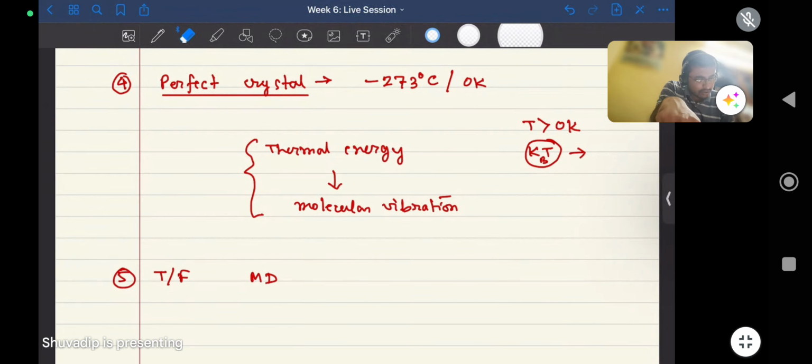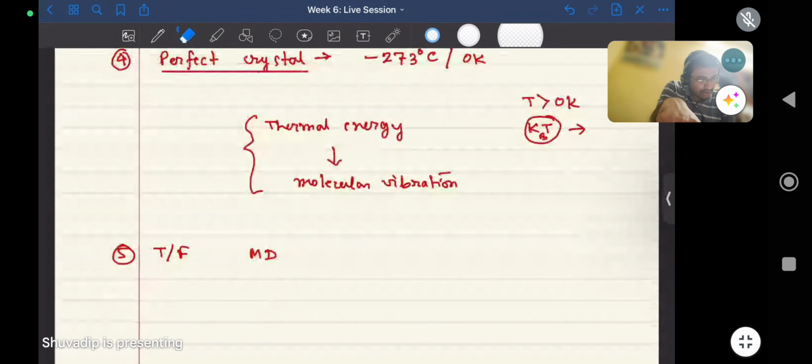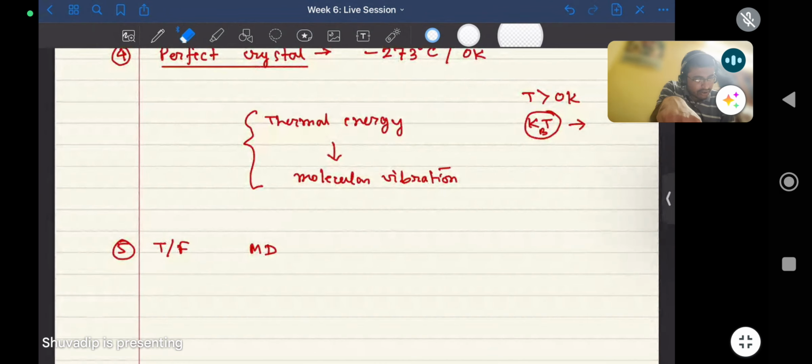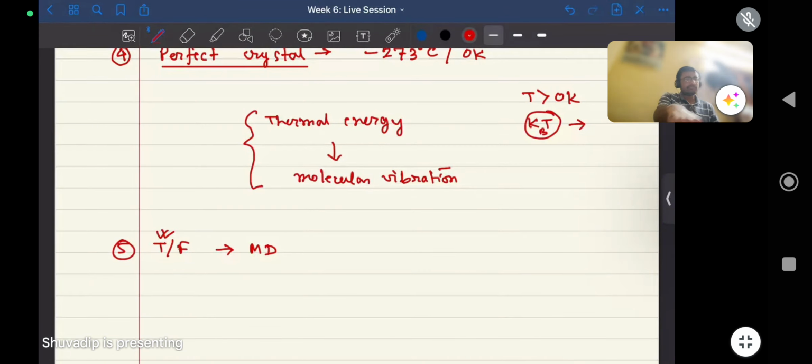We can see following which trajectory it can reach the equilibrium. So it is applicable in equilibrium.